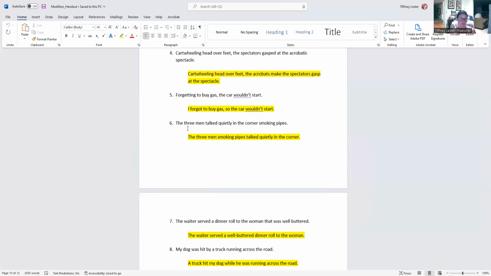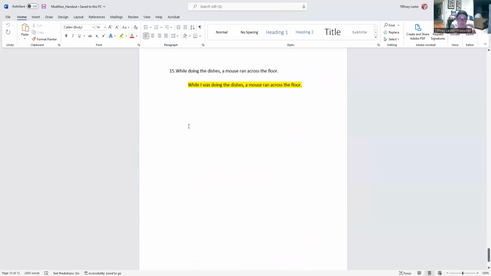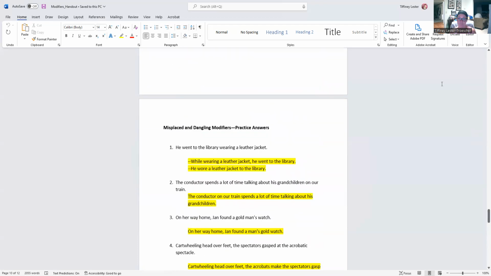So be on the lookout for these. You'll get some practice, hopefully, looking through these examples here. But if you do have questions about garbled sentences, misplaced modifiers, or dangling modifiers, definitely reach out. Otherwise, you're free to go ahead and move on to the next thing.